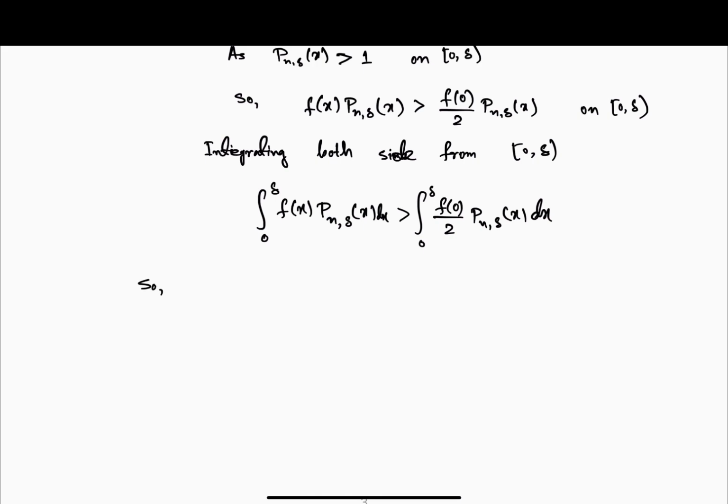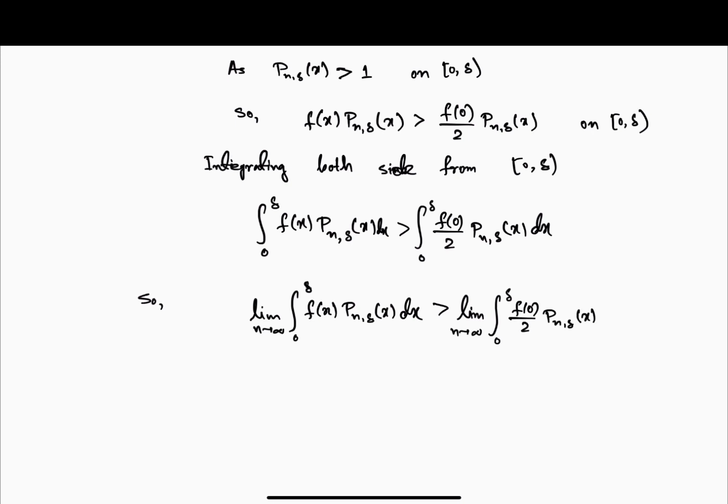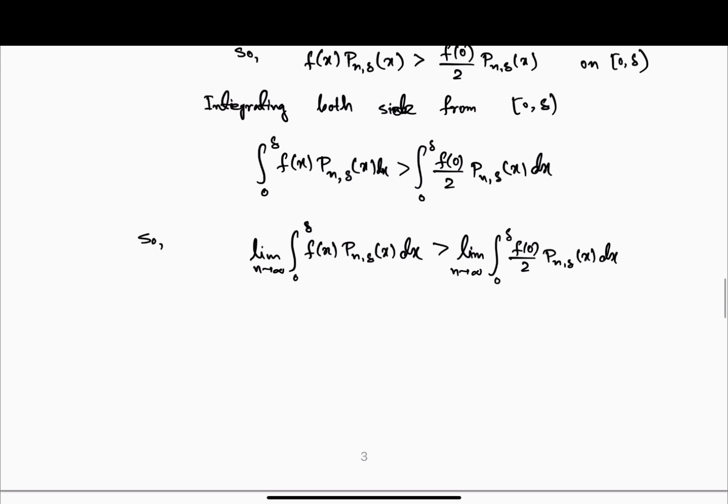So this is I1, I think I have not defined this. So the limit as n tends to infinity of the integral from 0 to delta of f(x) P_n,delta of x dx, we get is at least the limit as n tends to infinity of the integral from 0 to delta of f(0) by 2 times P_n,delta of x dx. f(0) by 2 is simply a constant, so you can take it out.